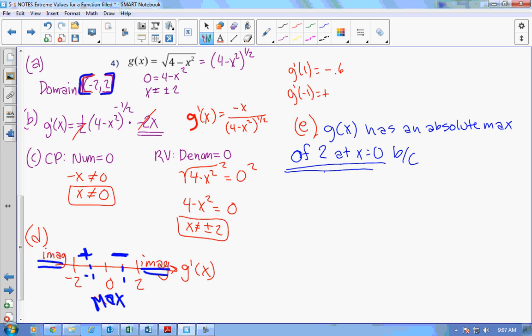Because, how can we prove we know this? Yep, it goes from positive to negative. And to show it's absolute, we'd also probably want to say, because the other guys, g of plus and minus 2 both equal what?